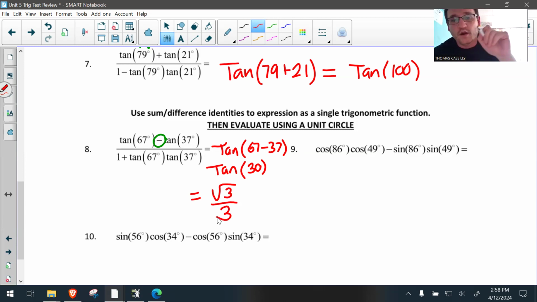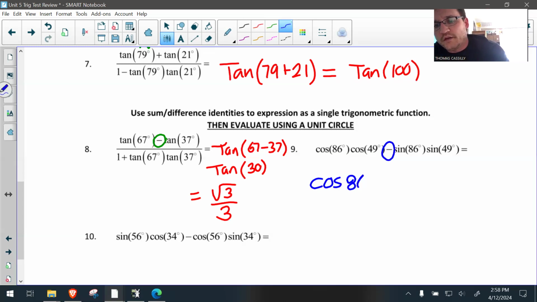All right, this one, I think this is the cosine identity here. So on the cosine, the one in the middle is the opposite, so we have to be careful on that one. This one is the cosine of 86 plus 49. Those are conjugates there.